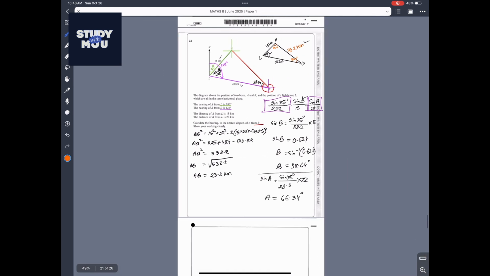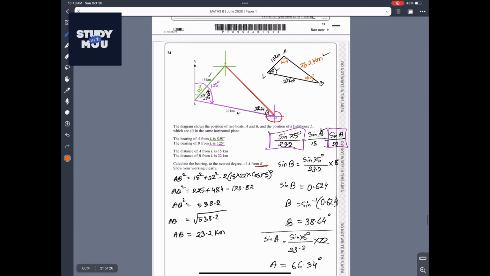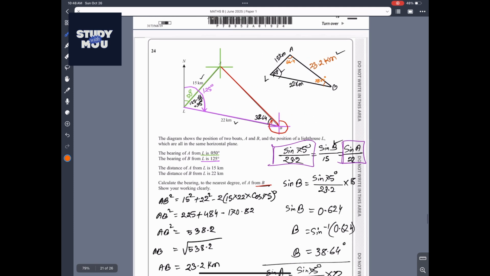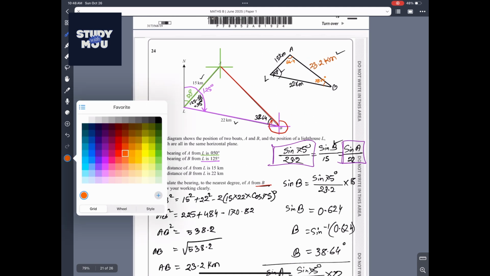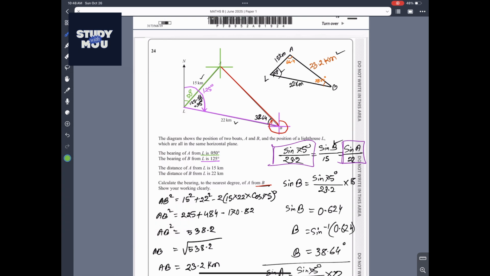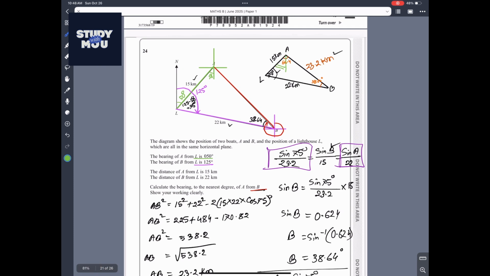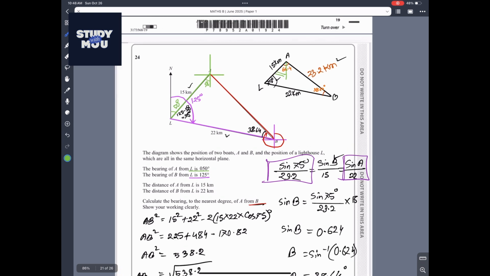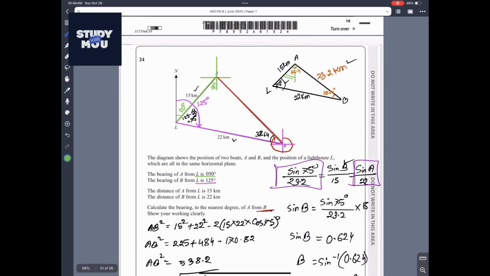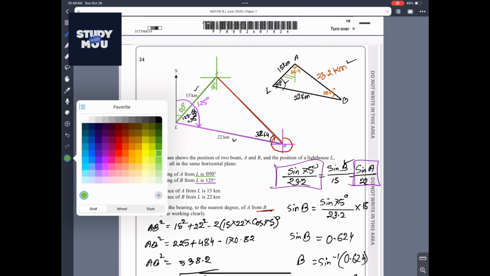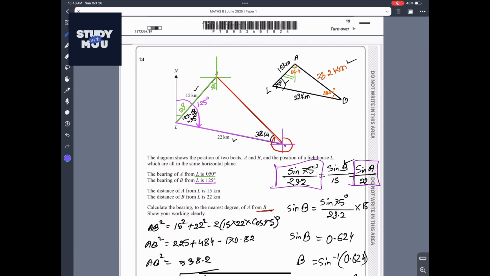Now we need to work on the other stuff. What we know here, let me take a green color. If this is 50, this is 50 as well. So the whole thing, if we deduct this 50, 66.4 minus 50 is basically the other side.